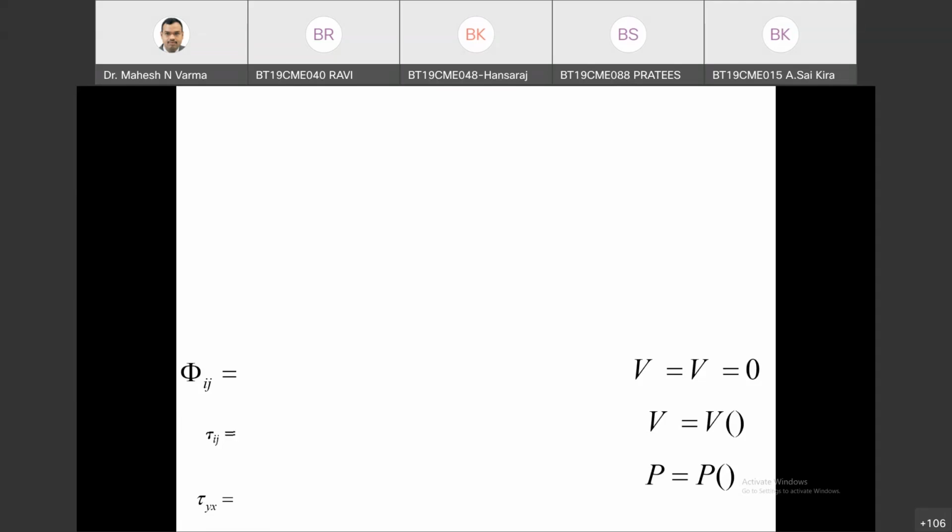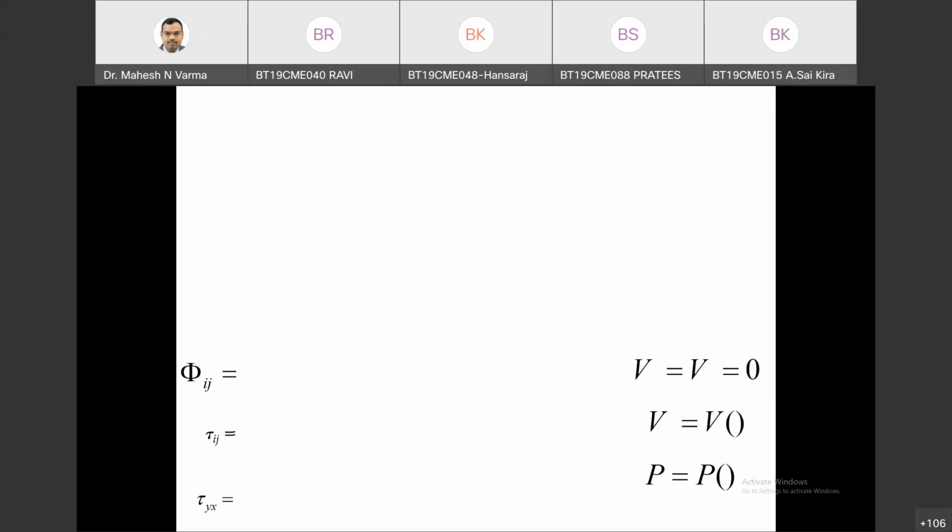The first is minus mu dv j upon dx i, and in short form, minus mu (del v plus del v transpose). The second term is 2 mu by 3 minus k into the del dot v term, sir.